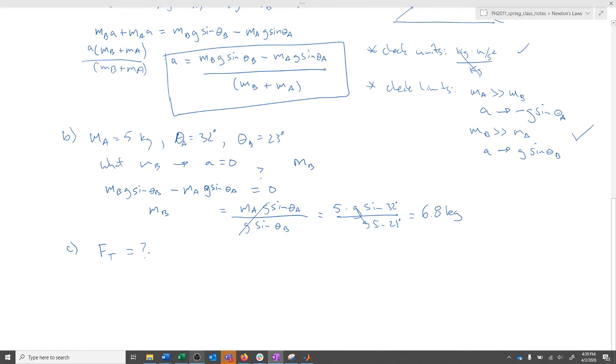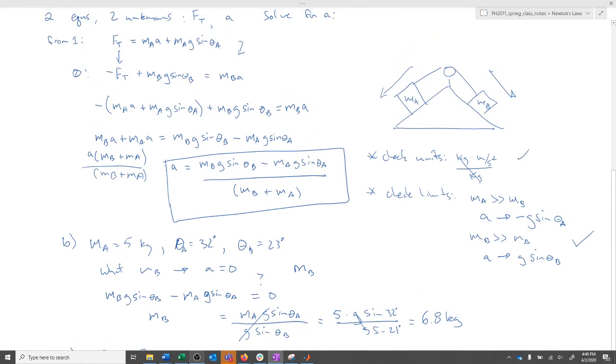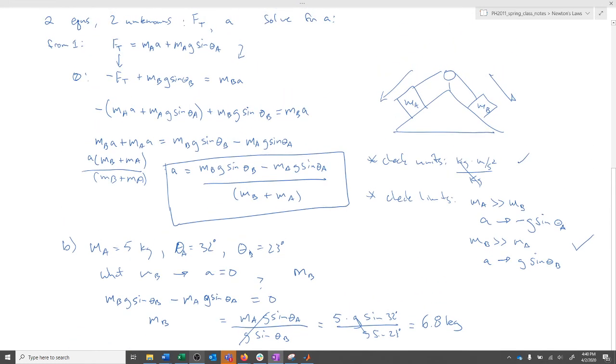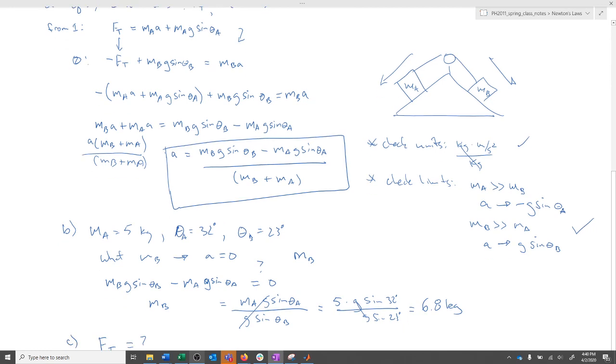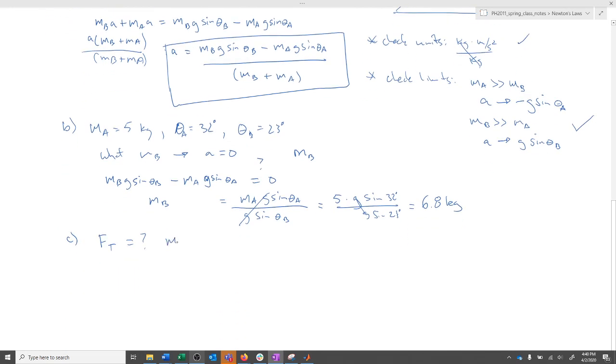So what's the tension in this situation? Well, if we look for our tension expression, we had that the tension is MA times acceleration plus MA g sine theta A. In this case, there's no acceleration because it's balanced.